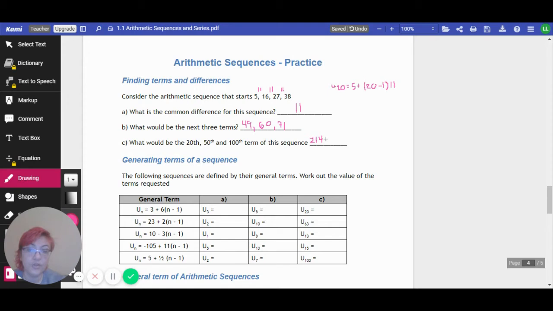All right, I'm going to attempt to make a semicolon here so that I'm kind of letting myself know that these aren't sequential. To find the 50th term, that is U50.